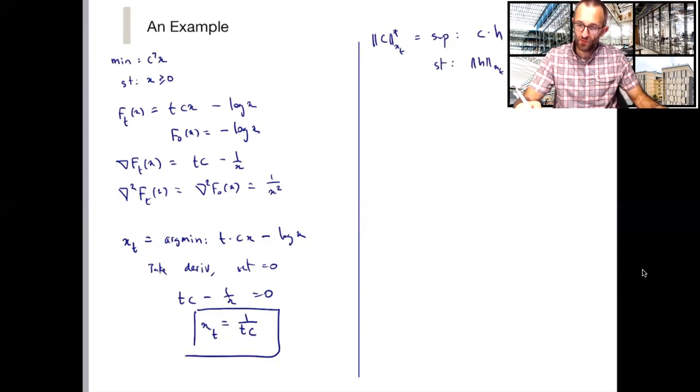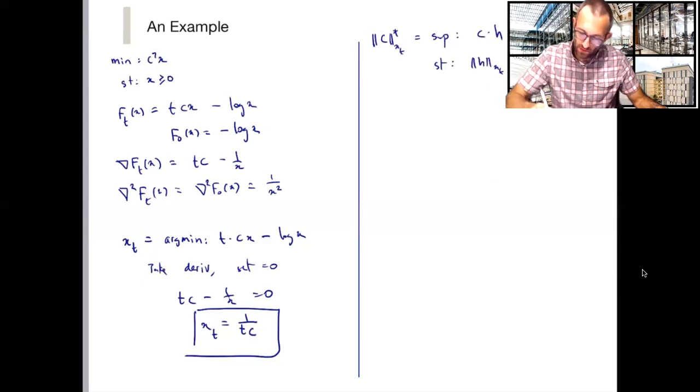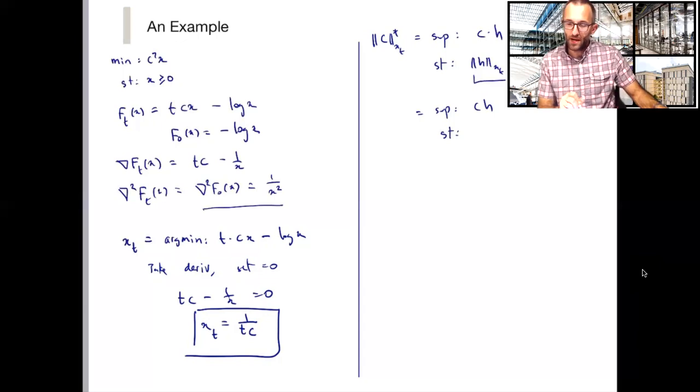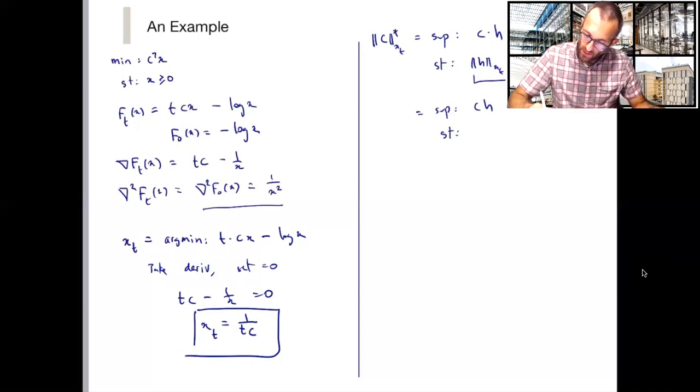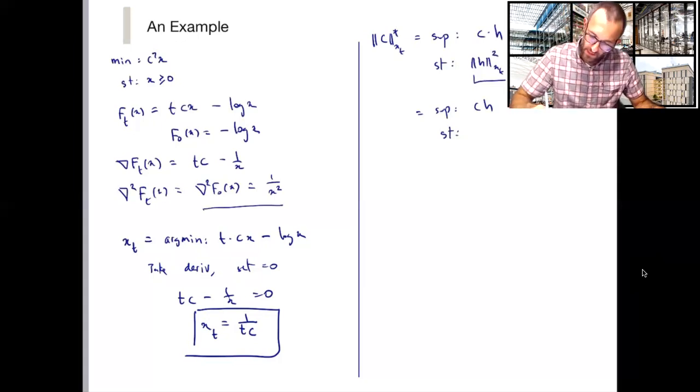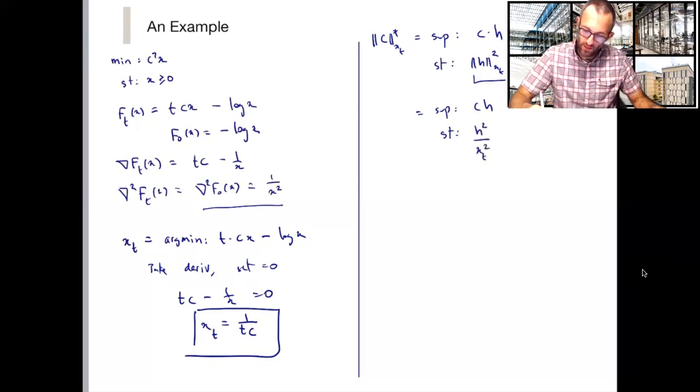We did this calculation before. So what is this? I need to look back at what my second derivative is. It's 1 over x squared. So I can square these equivalently just to spare myself the trouble of dealing with square roots. So this is the same as h squared over xt squared being less than 1.